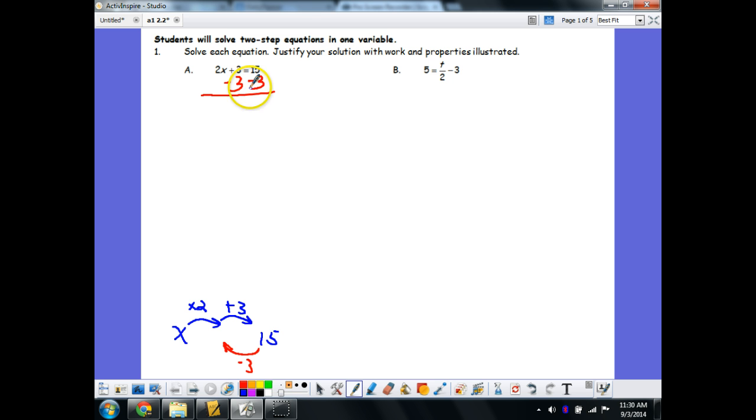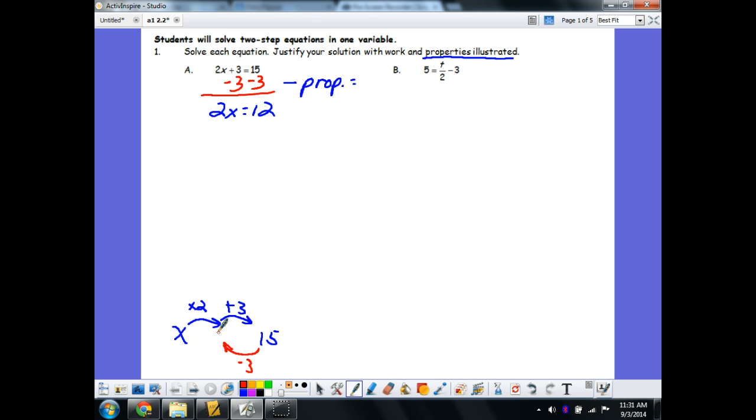And since we're subtracting the same thing from both sides, the property that we use to do that is the subtraction property of equality. And once again, with these properties, it is perfectly fine to use symbols, abbreviations, as long as I understand what you are saying. So we're left with 2x is equal to 12.